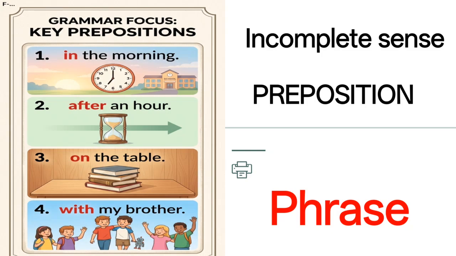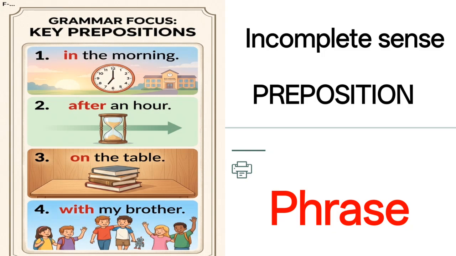These are not conveying a proper sense. They need some more words to express a whole idea. Like in the morning. In the morning has its sense, but it is not a complete sense. After an hour has sense, but not complete.